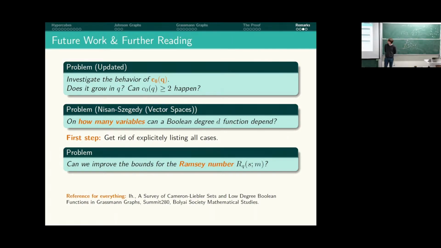You cannot transfer the techniques because they rely on knowing all examples, and in general, you do not want to list all possible examples. So getting a Nisan-Szegedy type theorem, let's say even for degree 2, would be an interesting question here.